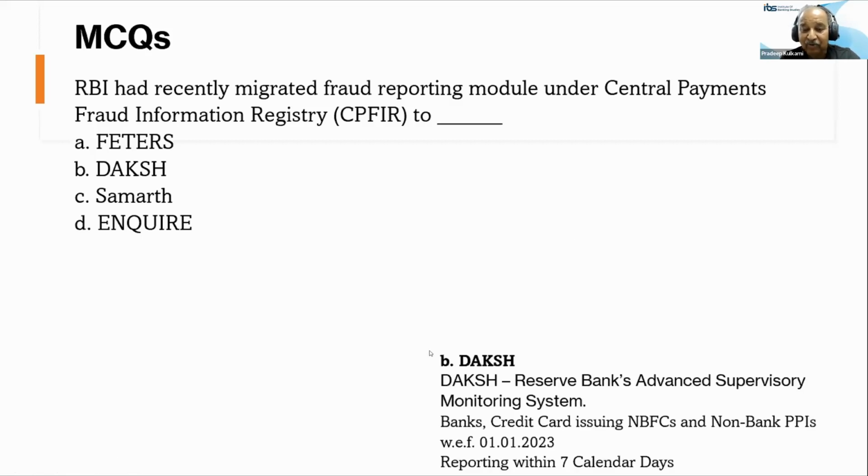Now, Daksh is the Reserve Bank's advanced supervisory monitoring system, and for this, all banks, credit card issuing NBFCs, non-bank PPIs (PPIs means prepaid payment instrument issuing companies) need to participate and have to invariably lodge any fraud noticed by them in their transactions. They have to report within 7 calendar days to the Daksh portal.